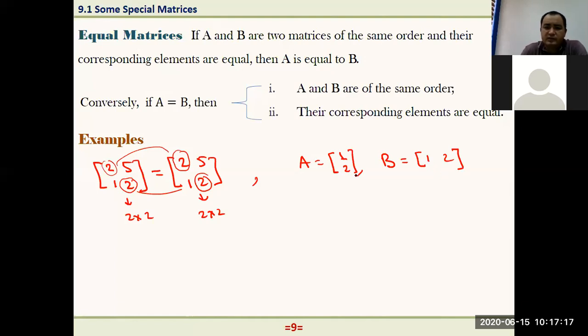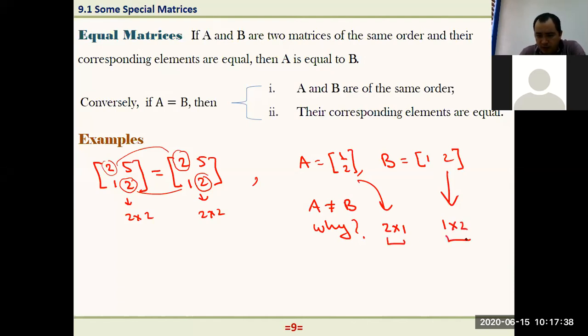Are these two matrices equal? They are not. A is not equal to B. Why? Because what is the dimension of this matrix? It is 2 by 1. And how about the dimension of this matrix? It is 1 by 2. 2 by 1 and 1 by 2, they are not the same. So their dimensions or their orders are not equal. That's why these matrices are not equal.